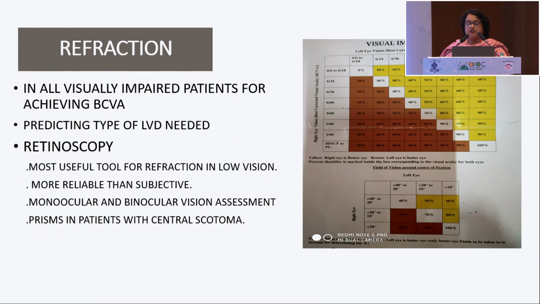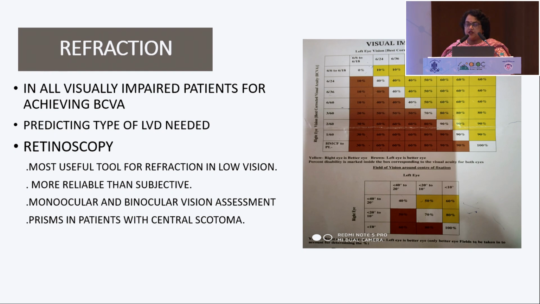Now, refraction is the most important part of this assessment. It is required for achieving the best corrected visual acuity for the purpose of certification for low vision or blind. Not only that, this BCVA helps us to predict the type of low vision device needed for the distance and near.